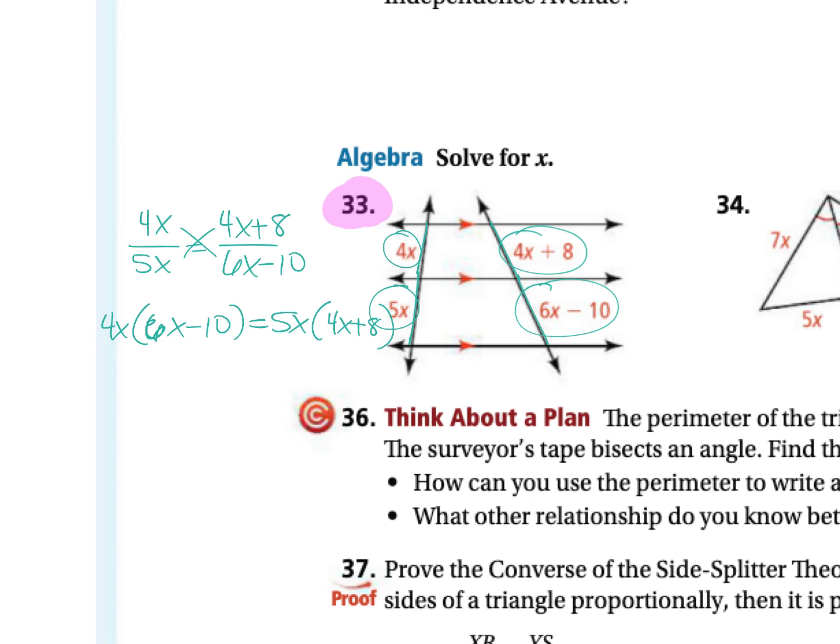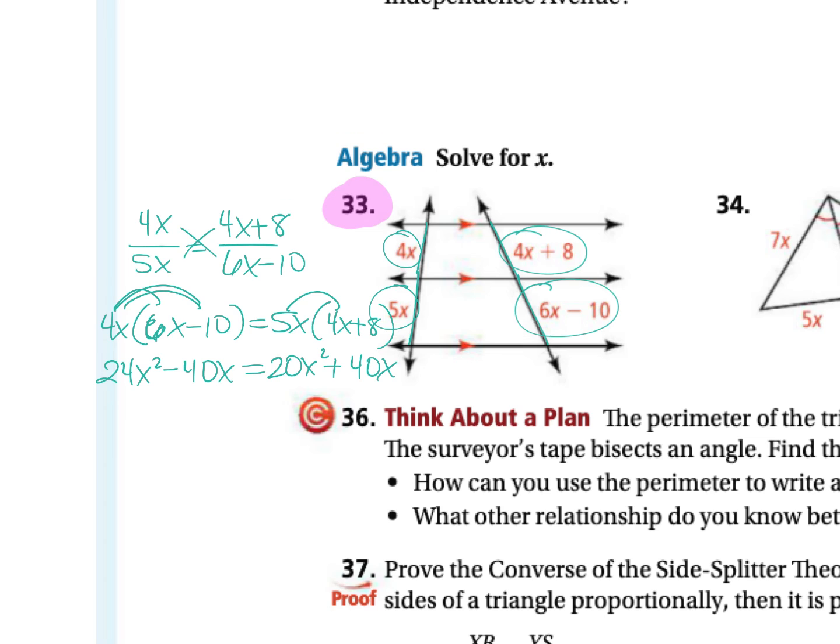Let's see how this works out. This maybe is not going to be a great one to do for you. So distribute this, and you get 24x squared minus 40x equals 20x squared plus 40x.